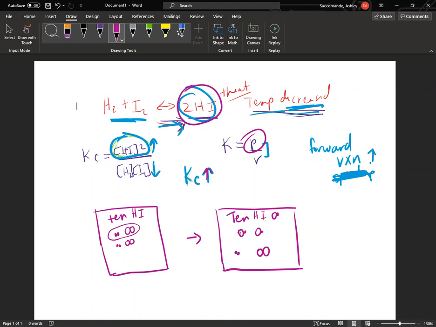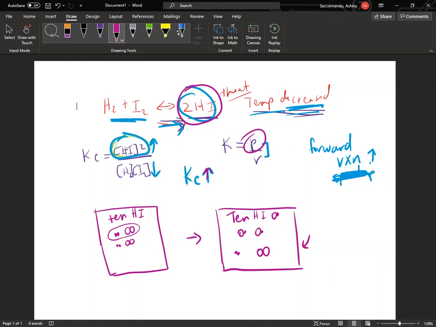Because remember, at equilibrium, you're going to have a certain amount. The Kc is going to go up and it's going to shift more to the right and make more products in terms of the K value of the proportion of products over reactants. But there is still going to be some reactant in there. You wouldn't just completely take out all of the reactants, because that would be assuming it goes to completion.